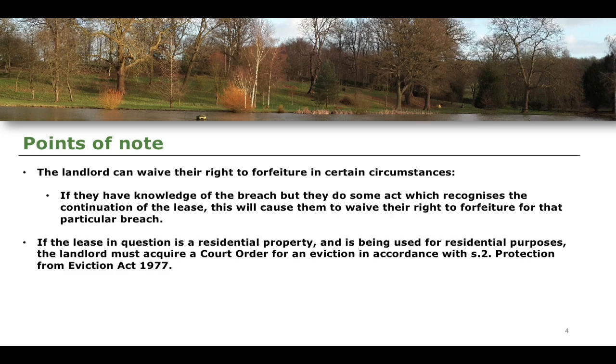If the lease in question is a residential property and is being used specifically for residential purposes, then the landlord has to go through the process of the Protection from Eviction Act 1977. This will involve getting a court order for eviction in accordance with Section 2 of that legislation.